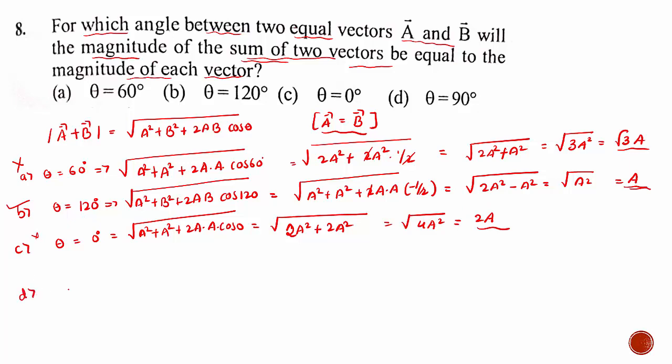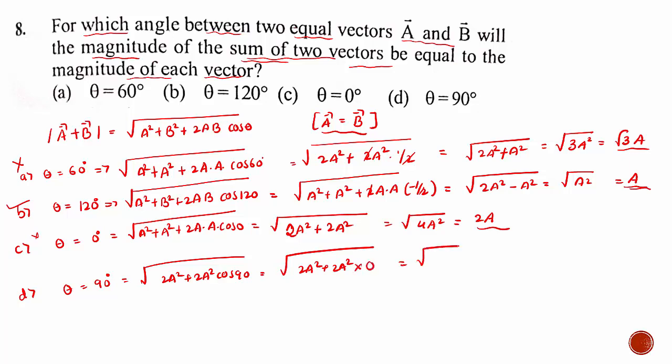Come to the last option, that is theta equal to 90 degree. So square root of 2A square plus 2A square cos 90, and cos 90 is 0. So we will get the answer square root of 2A square, or root 2 into A. Now you can observe carefully all the options.